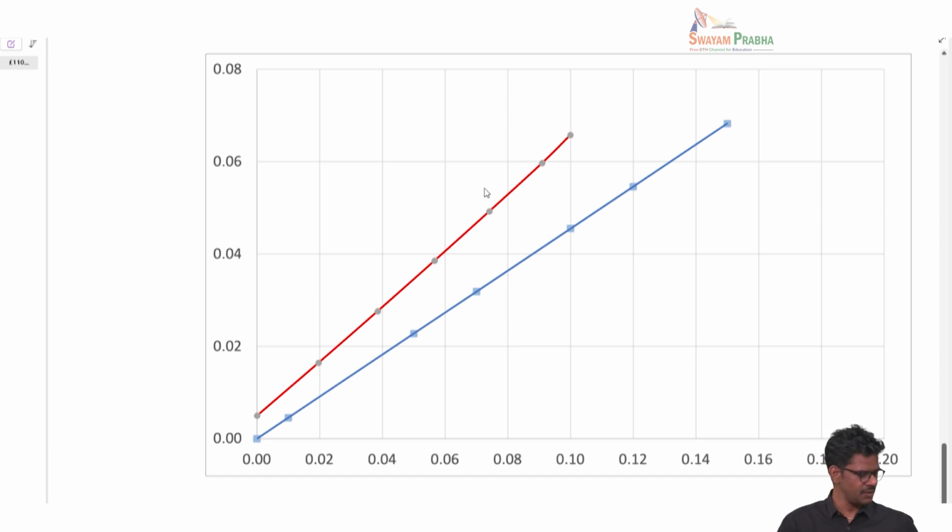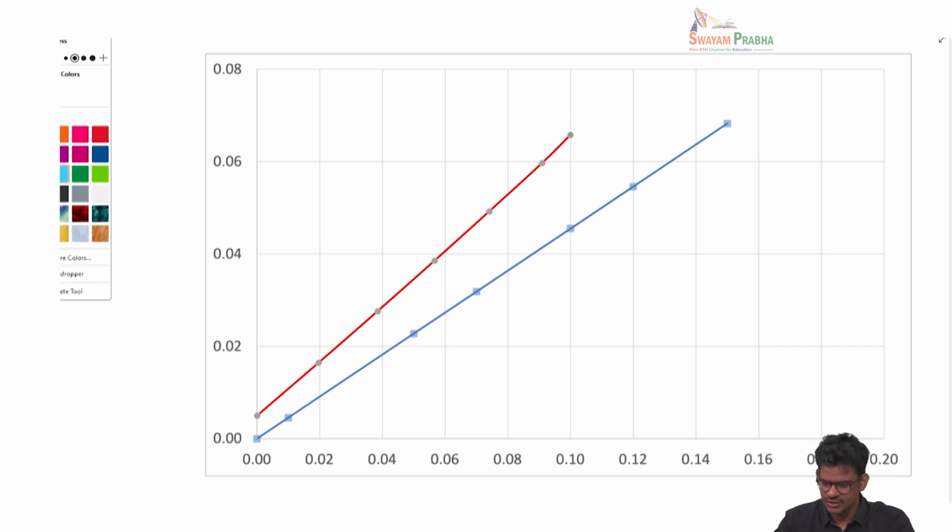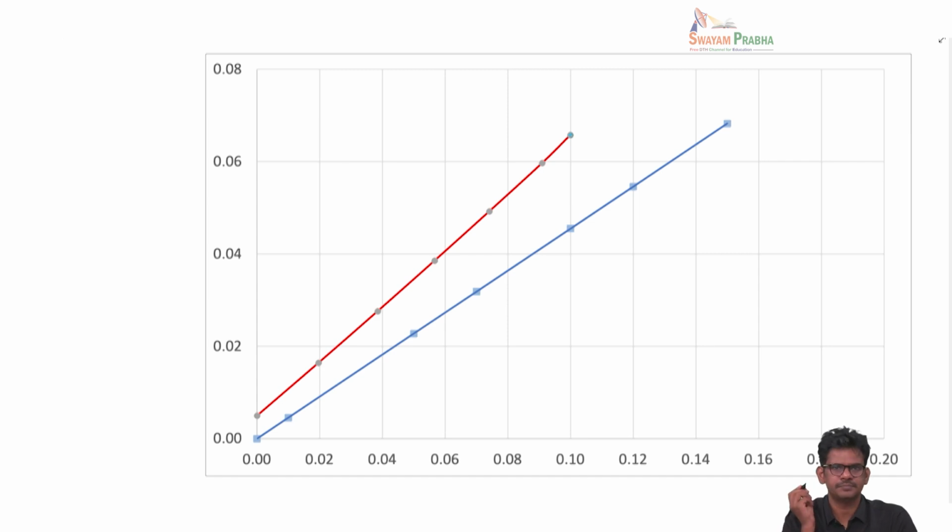Okay, so now what we need to do is, if you recollect, the way we calculate NTOG is by looking at a midpoint between the operating line and the equilibrium line. So for example here, this is your y1, this is the corresponding y star. Okay, y1 is on the operating line and the corresponding y star is on the equilibrium line.